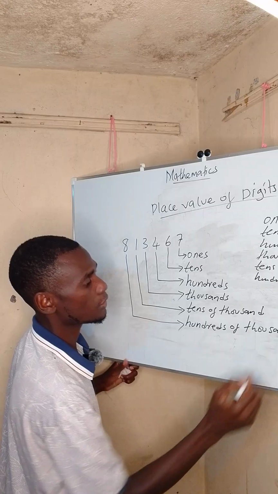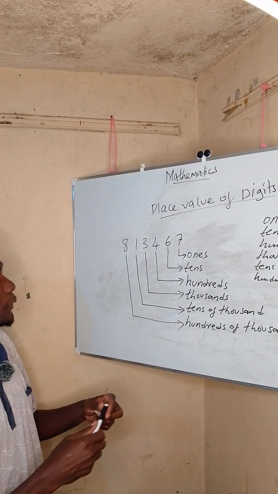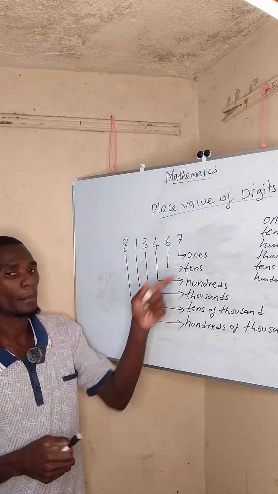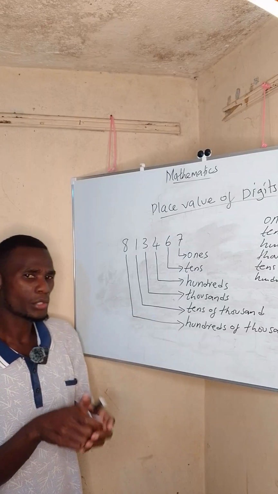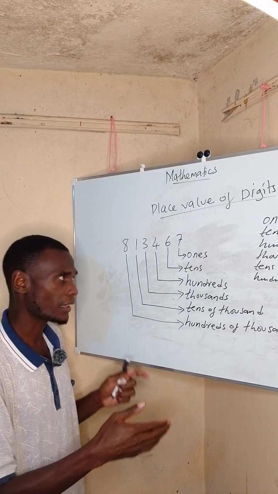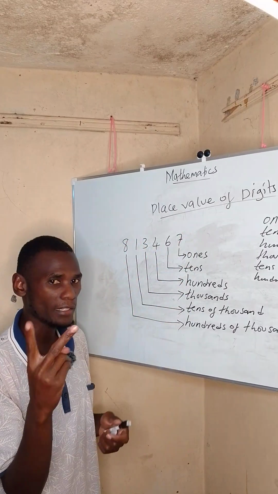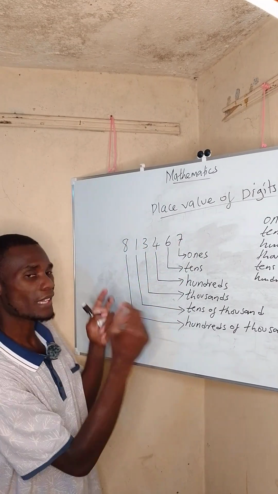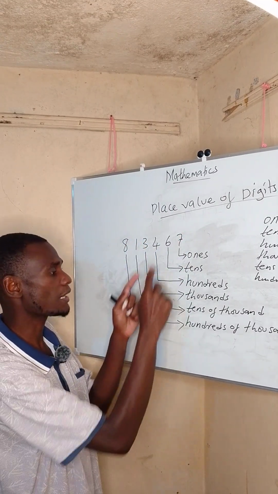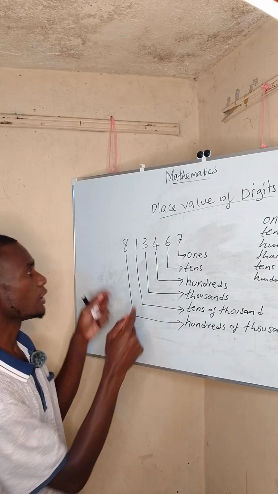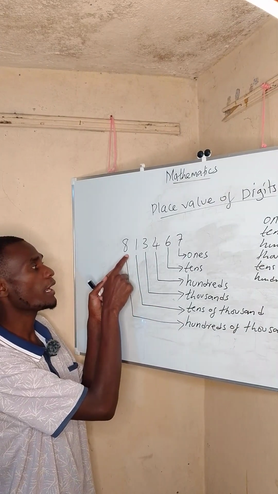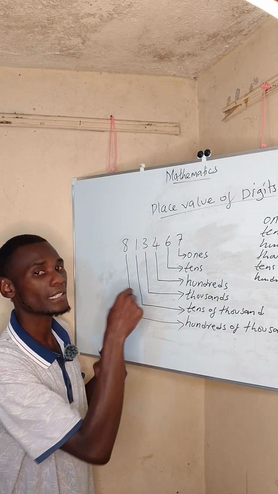If you are told to read this number, you will mention hundreds for this one and another 100 for this one. So there are 2 hundreds here. The first 100 you are going to talk about is hundreds of thousand. That's why we read this number as 813,000.